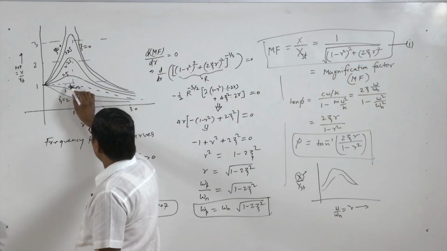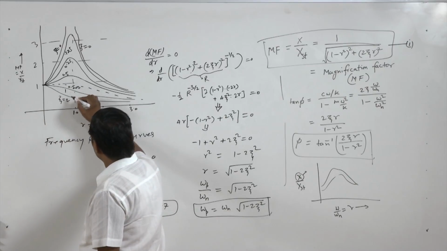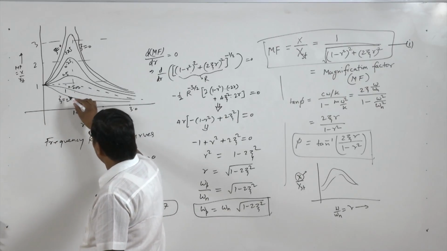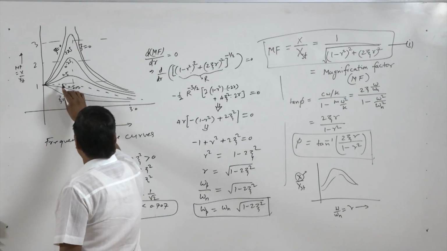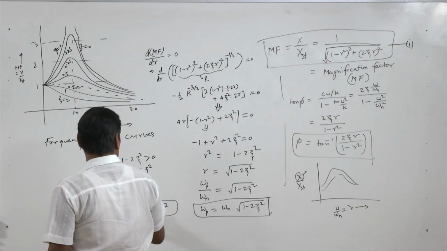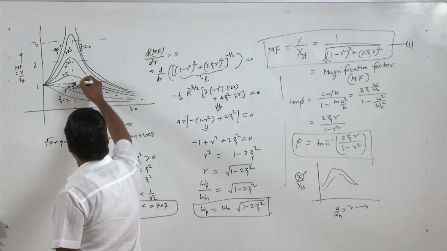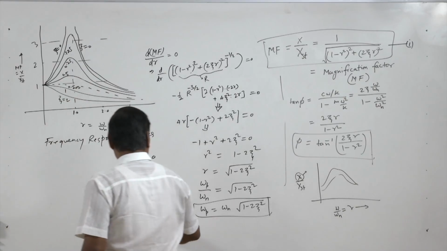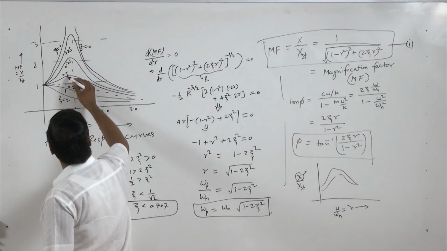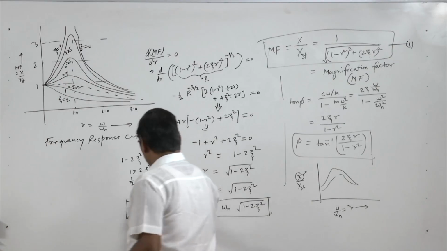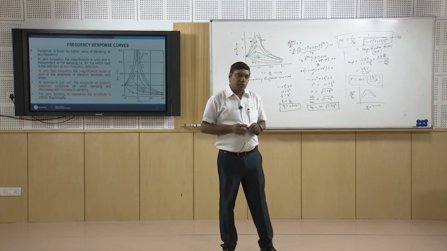Here we are getting the peak at unity, but after this, as we increase the damping to 1, 2, we are not getting any peak. For zeta less than 0.707, so it is 0.5, 0.25, we are getting clearly the peaks. So a peak will only occur if zeta is less than 0.707.